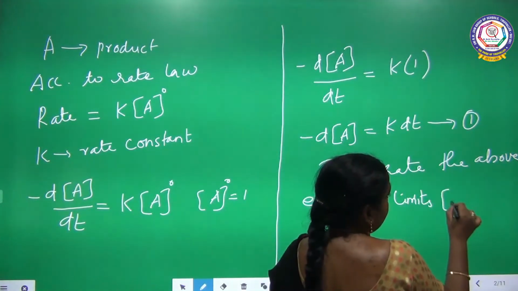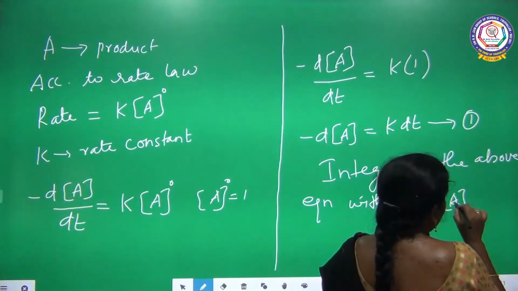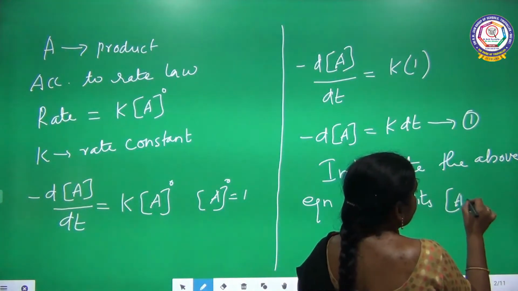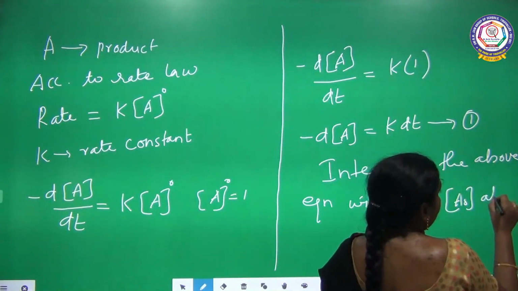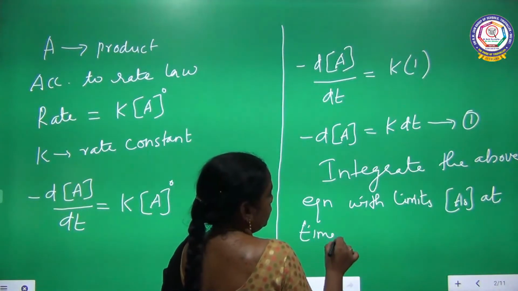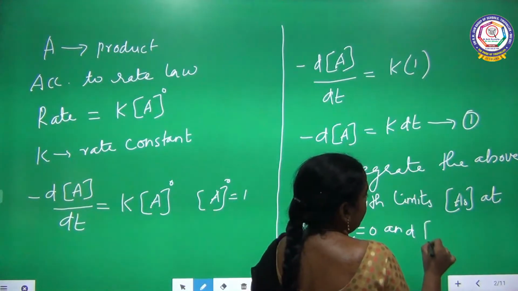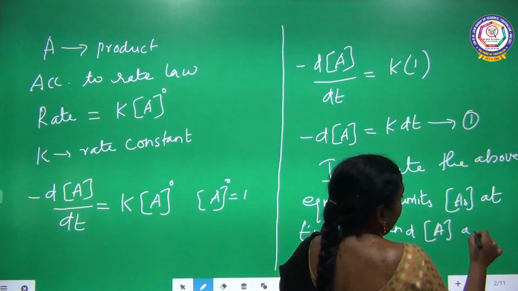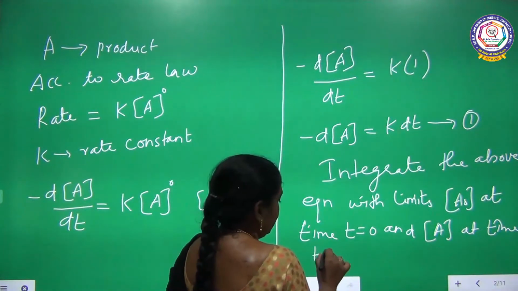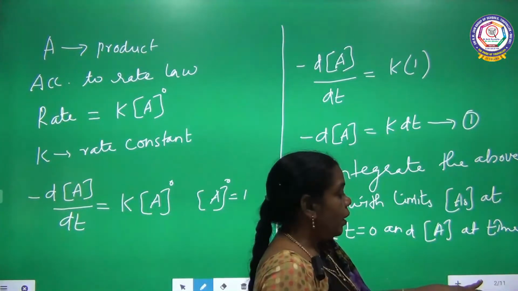The initial concentration A0 at time t equal to 0, and A at time t seconds. Now, we are going to apply the limit to the above equation.